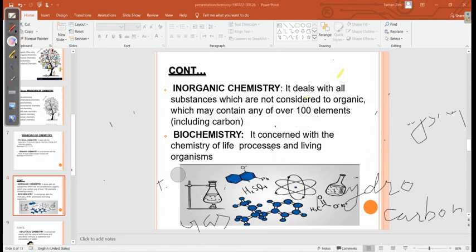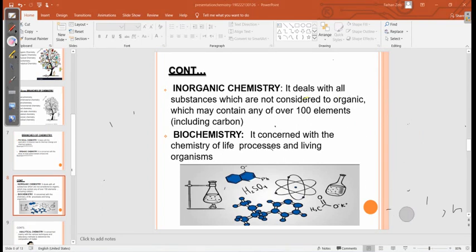Inorganic chemistry is the opposite of organic chemistry. We study hydrocarbons in organic chemistry. Then in inorganic chemistry we study the other compounds, which have not only carbon and hydrogen but many other elements like nitrogen, oxygen, sulfur.